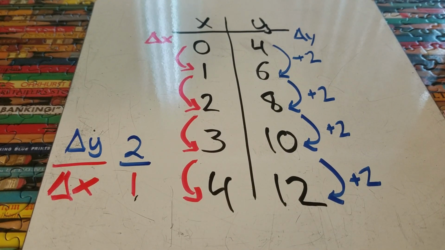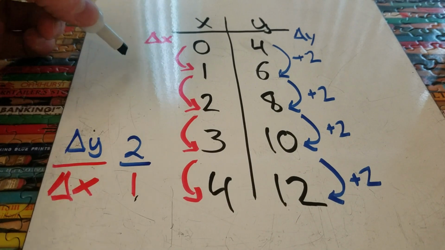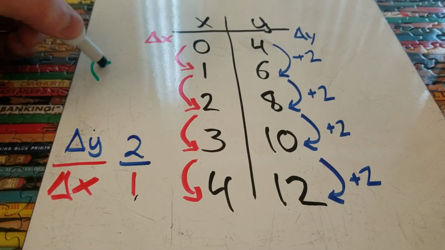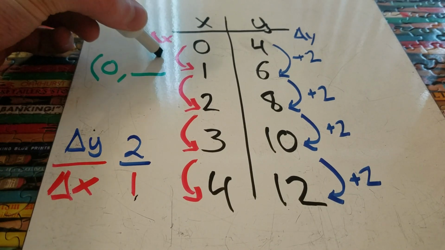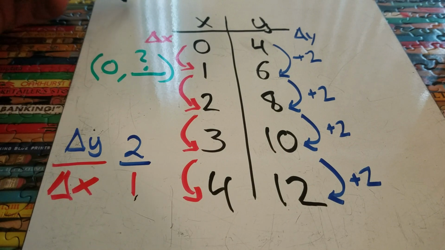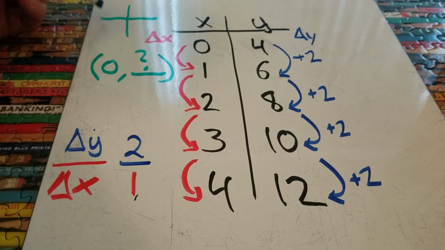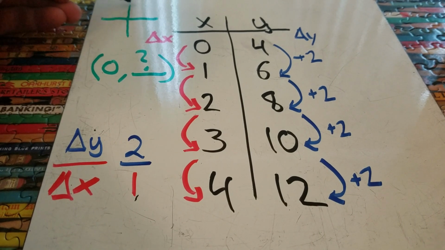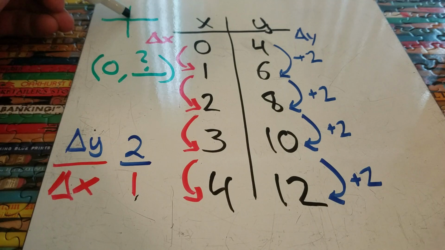So knowing how to get the slope, now all I have to look for is the y-intercept. Anything on the y-axis has a coordinate of 0 something. Because if you think about it on a graph, the y-axis is the vertical line, and I'd have points like 0, 0; 0, 1; 0, 2; 0, 3; 0, 4.